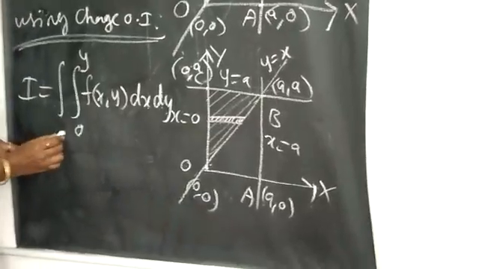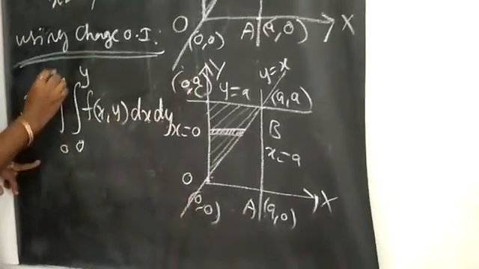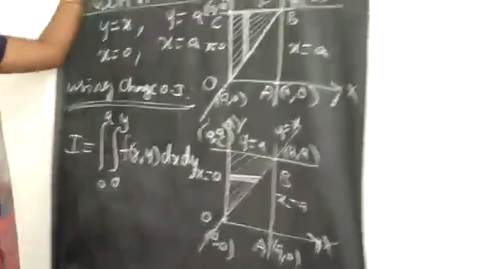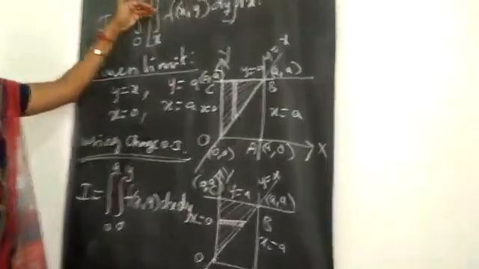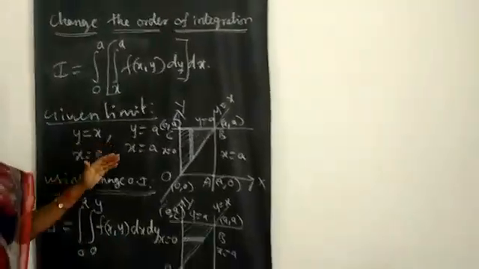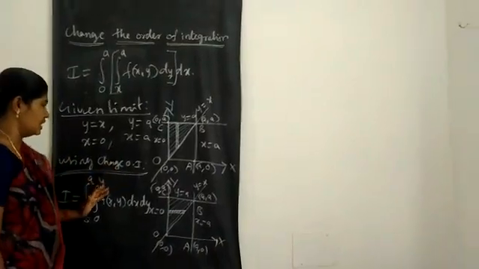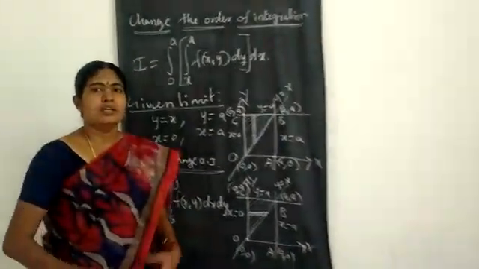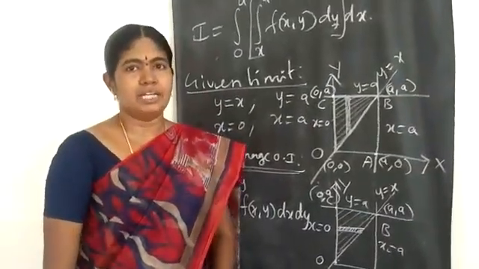Y's lower limit is 0 and y's upper limit is a. So after changing the order of integration, the integral is equal to this one. This is a very simple problem on changing the order of integration. Using this concept, we can easily evaluate the double integral. Thank you.